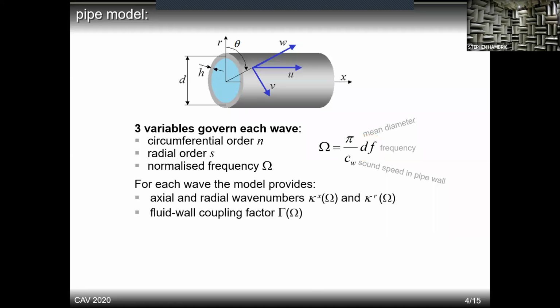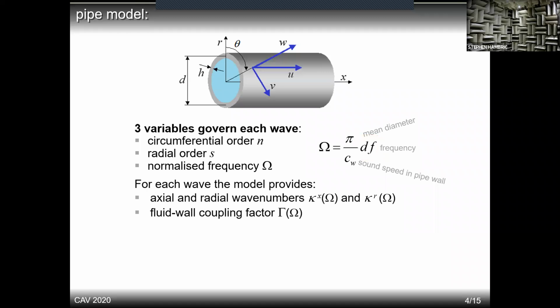For each wave, the model will provide axial and radial wave numbers, kx and kr, both functions of omega, and a fluid-wall coupling factor, gamma, which is also a function of omega.